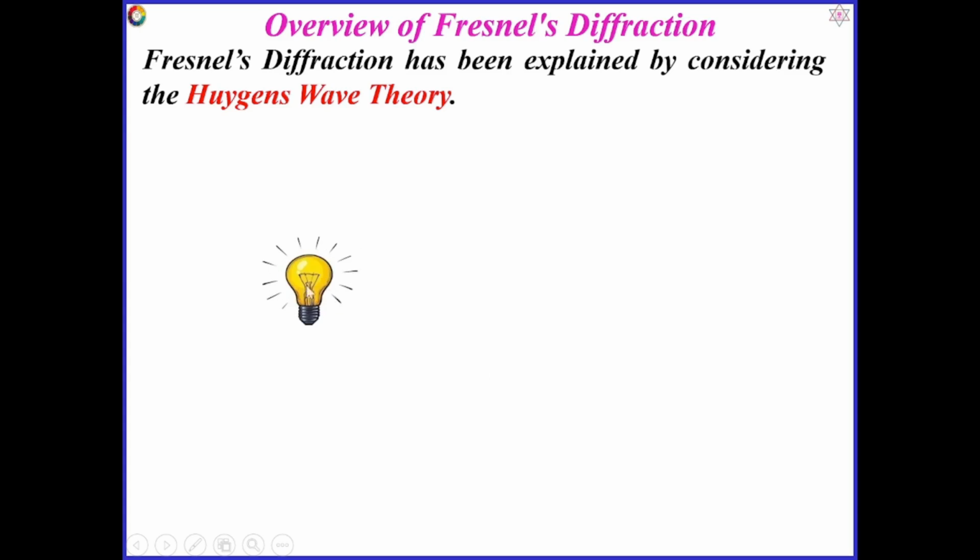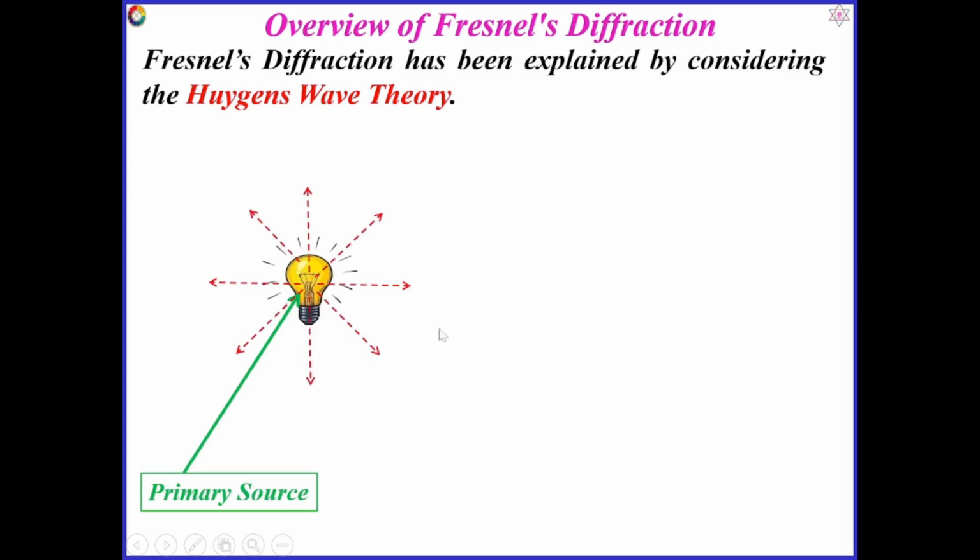From this isolated source, the light will be propagated, and this is also called your primary source. The light will be propagated from this primary source along all directions like this. Now we consider an imaginary circle around this primary source. In 2D this is a circle, and for 3D, just imagine this is a sphere.